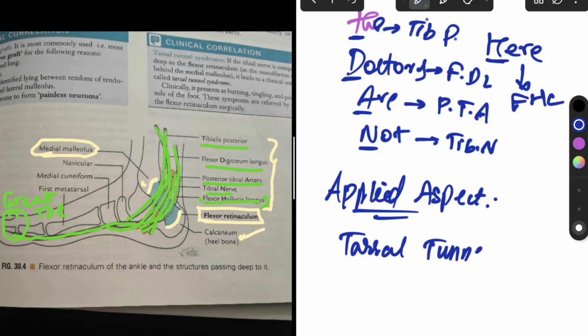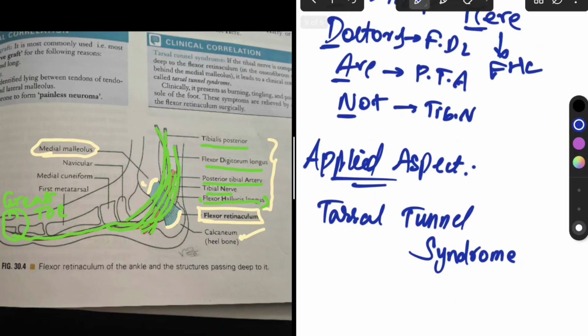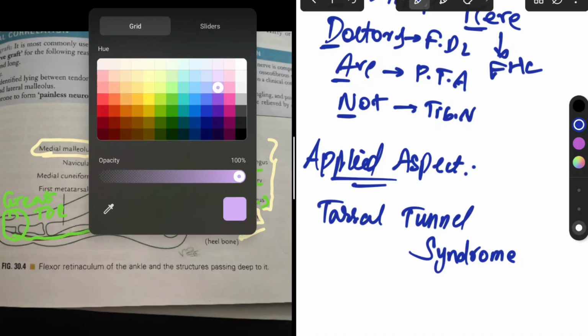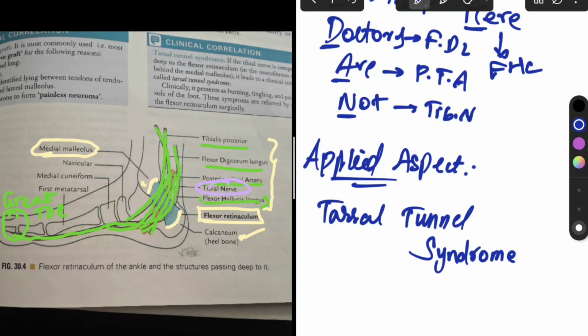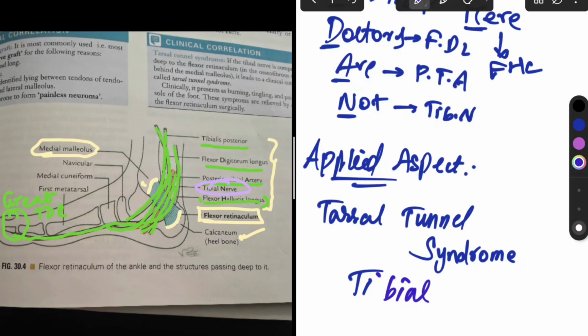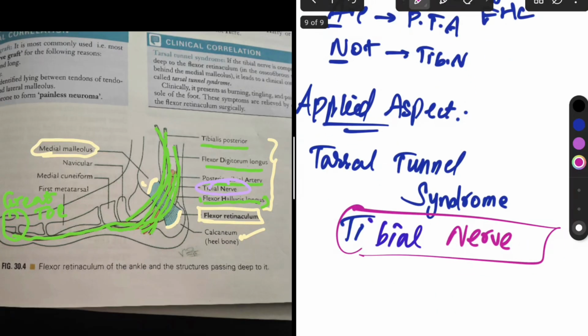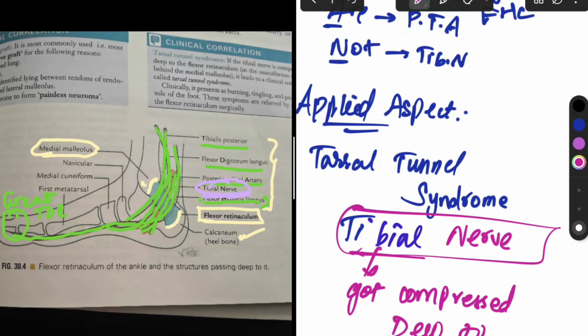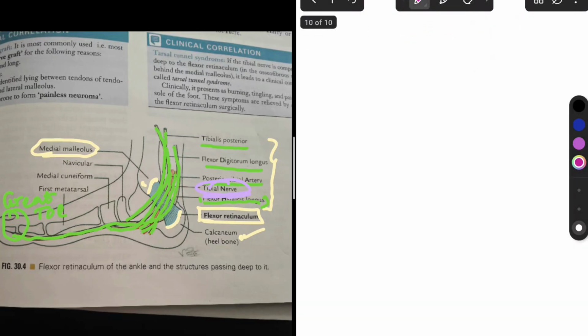Tarsal tunnel syndrome is nothing but, as I already said, the tibial nerve present here getting compressed deep to the flexor retinaculum. This causes tarsal tunnel syndrome.